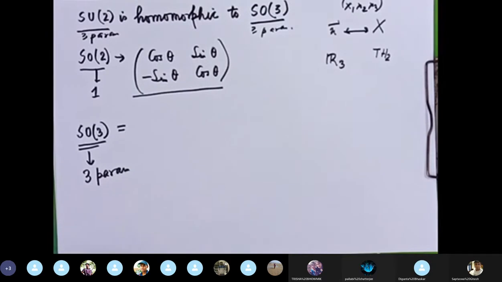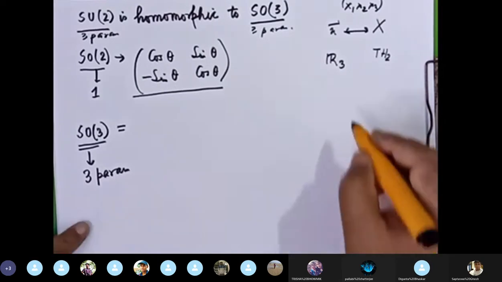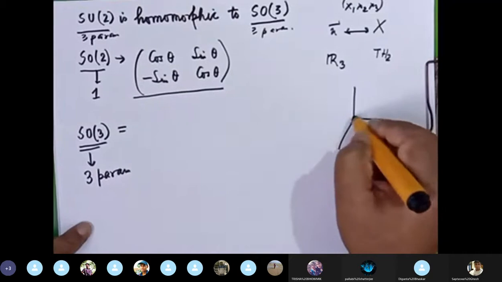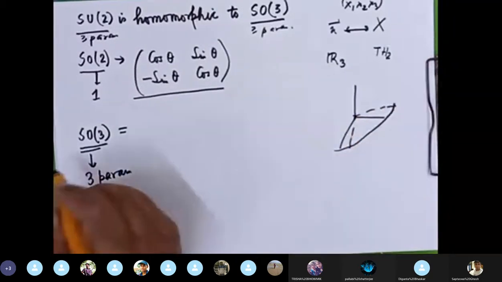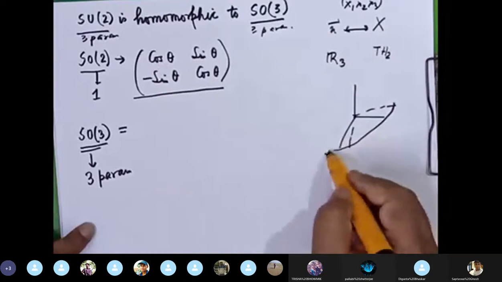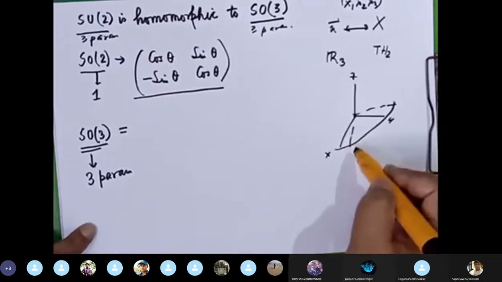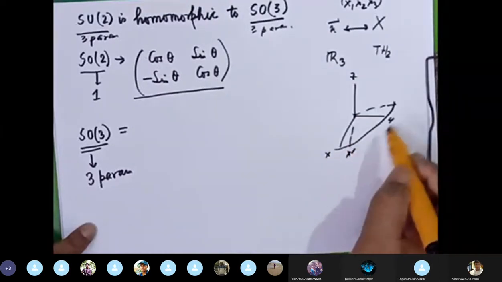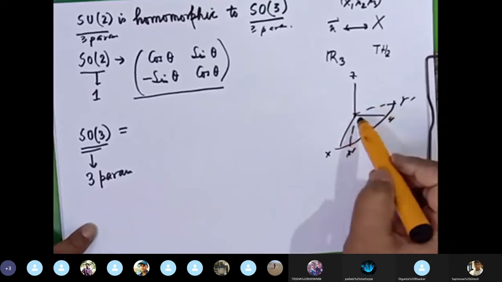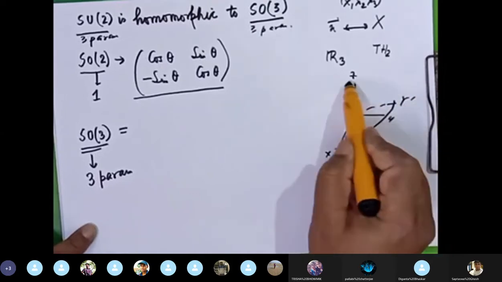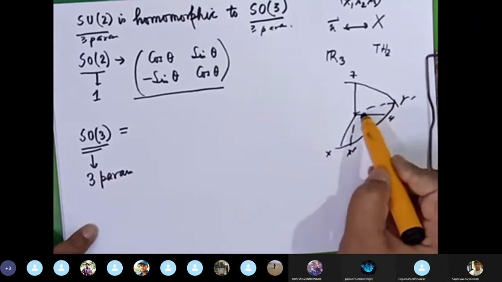These are not Euler angles, because for Euler angles, if you remember, you first rotate with respect to z-axis in the xy plane, then you rotate with respect to the new x-axis in this new yz plane.